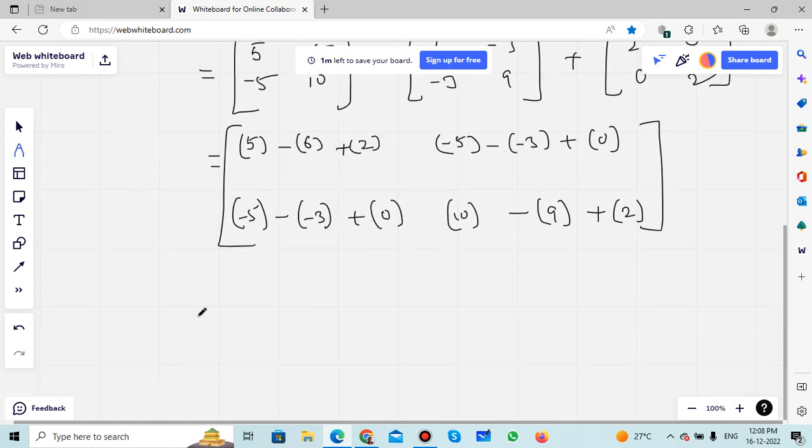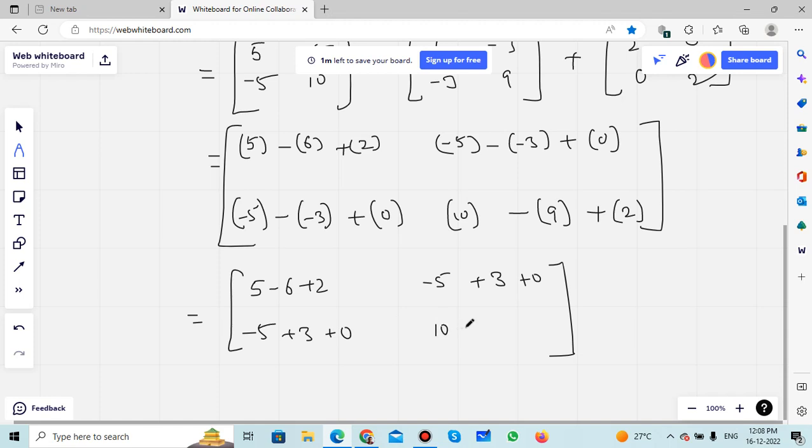Now we'll solve it. Open the bracket: 5 minus 6 plus 2, here minus 5 and minus into minus is plus, we'll put it, so we should not skip any step, so plus 3 and plus is 0, here minus 5, minus into minus plus 3 and plus 0, here 10 minus 9 plus 2.